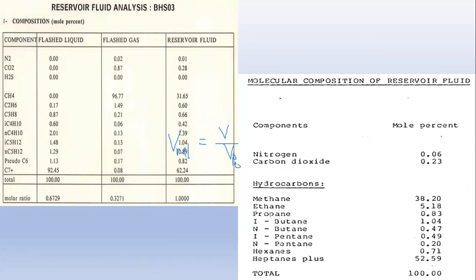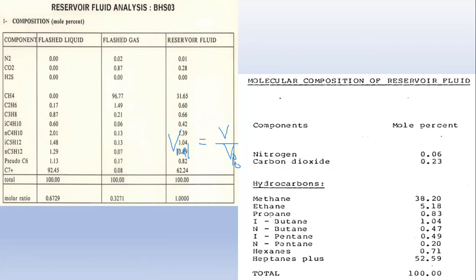That's good. Let me sum it up. You have done well. We do PVT analysis, first of all, to characterize the fluid itself so that we can understand the physical and chemical properties of the reservoir fluids.